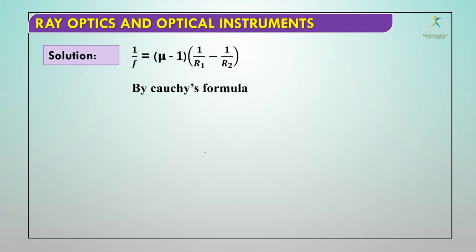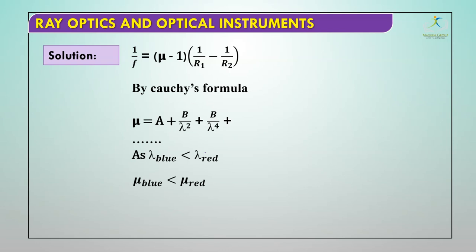By Cauchy's formula, we know mu is equals to a plus b by lambda square plus c by lambda to the power 4. As blue wavelength is less than red wavelength, so mu blue is greater than mu red. Hence, f red is greater than f blue. According to this, we have the correct option second.